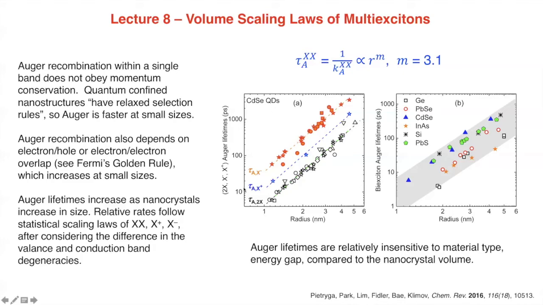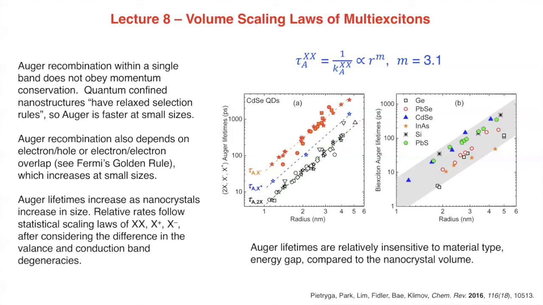And so here, this is on a log scale. You can see that the negative trion lifetime is the longest. It's the least likely to undergo Auger recombination. The positive trion is more likely to do Auger recombination. And then the biexciton is most likely to do Auger recombination.